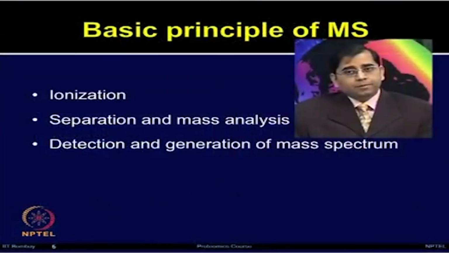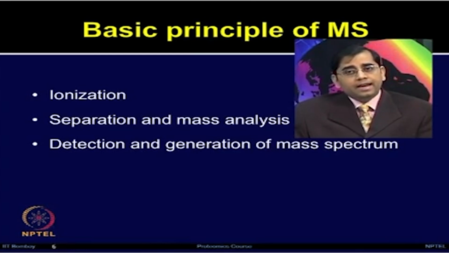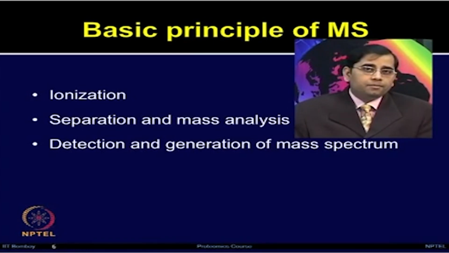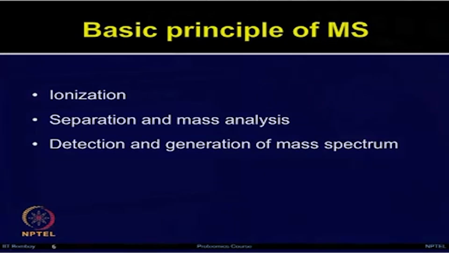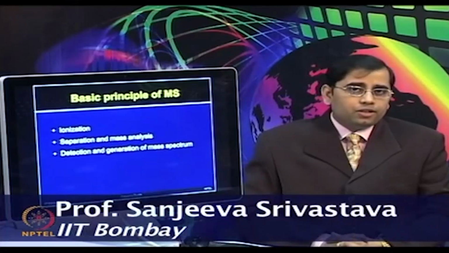Now, what is the basic principle of mass spectrometry? So, first step is ionization, to convert analyte molecules or atoms into gas phase ionic species. It removes or adds electrons or protons.